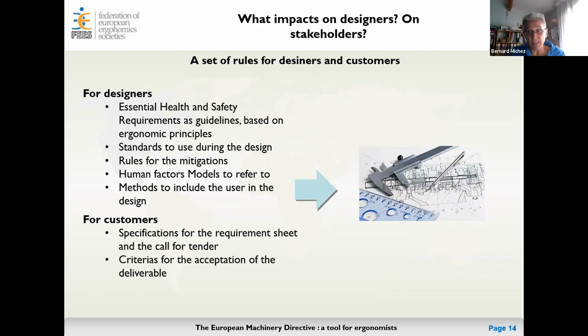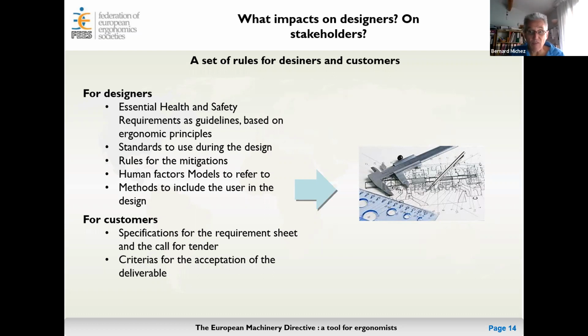This directive is an opportunity for designers because it shows a set of criteria. It shows how we have to design machines. It contains significant ergonomics and end users' contributions. It's a tool for stakeholders and ergonomics in particular.